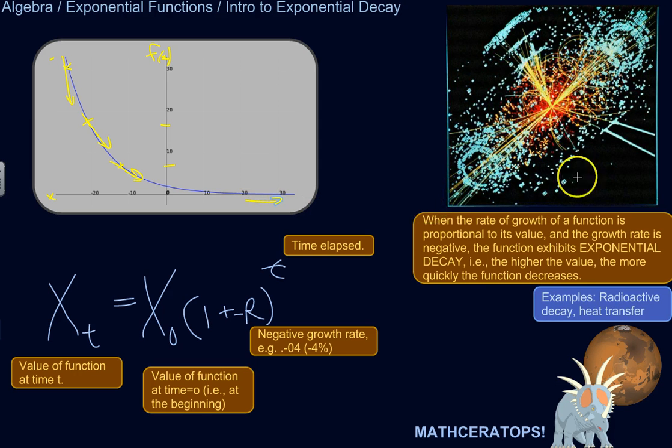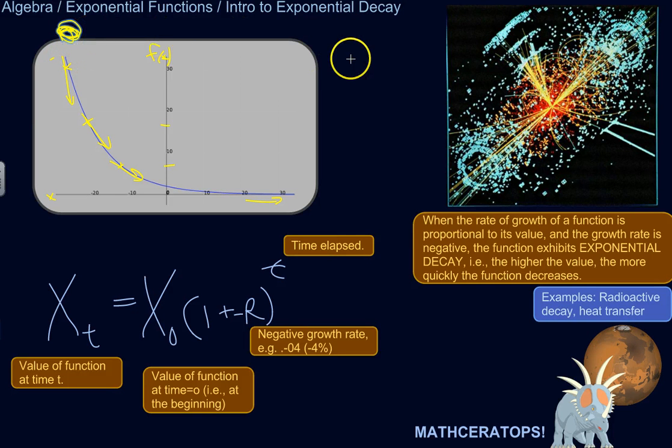An example would be radioactive decay. If you've got a bunch of mass of, let's say, uranium, when it's got a ton of mass up there, that uranium decays. What becomes lead? Maybe it's plutonium that becomes lead.